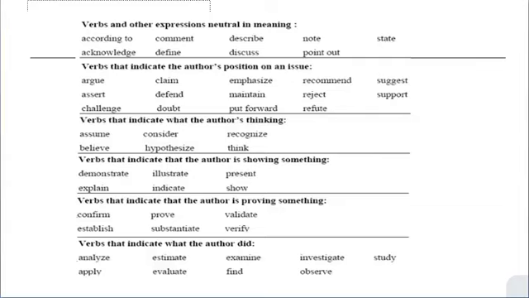The author of the article confirms that the study is valid in terms of the evidence provided: confirms, establish, substantiate. So all these verbs can be used to introduce your paraphrased version when paraphrasing the text.